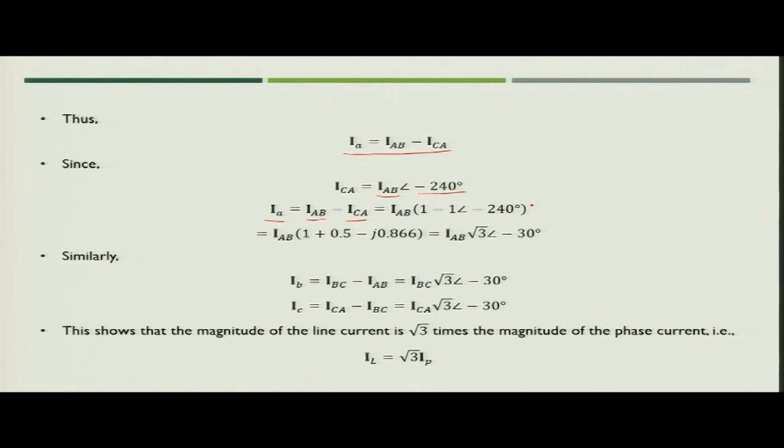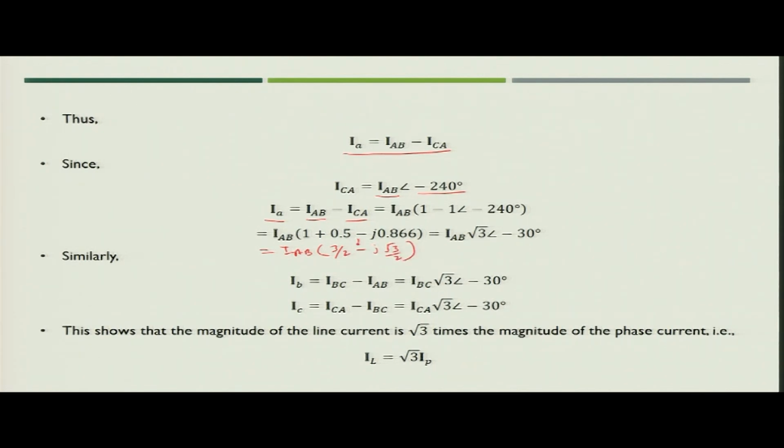If you put the value of 1 angle minus 240 degree in rectangular form, the expression will become IAB, within bracket, 1 plus 0.5 minus j 0.866, which basically will be 3 by 2 minus j root 3 by 2.